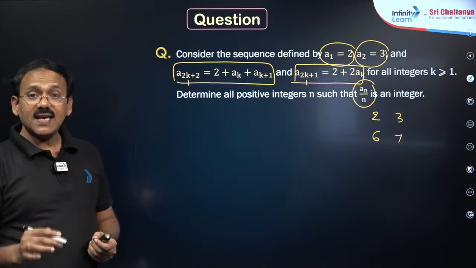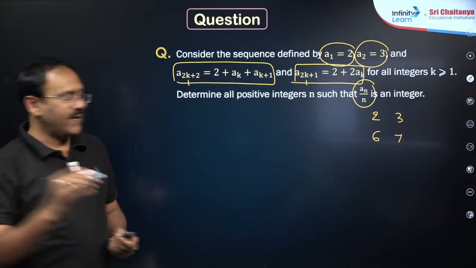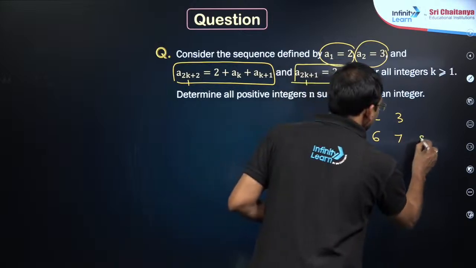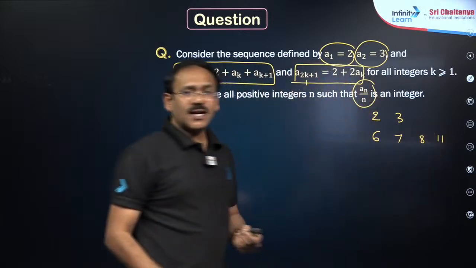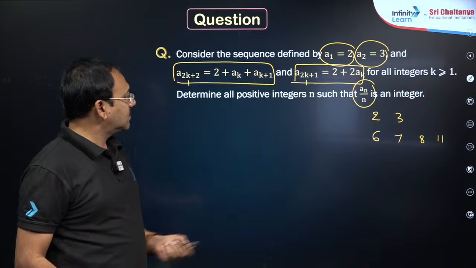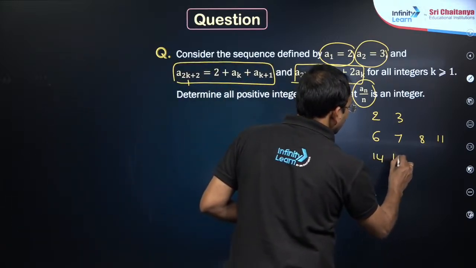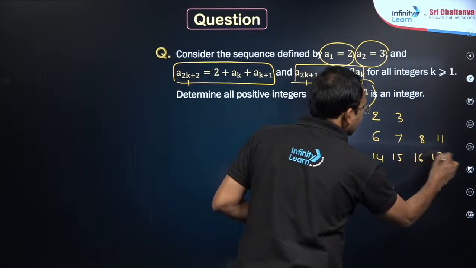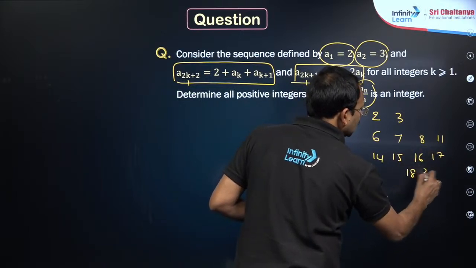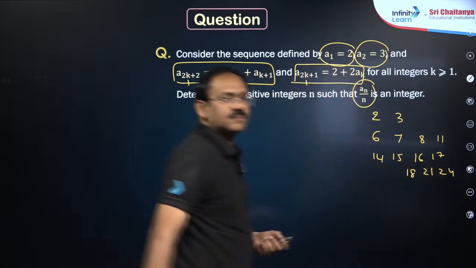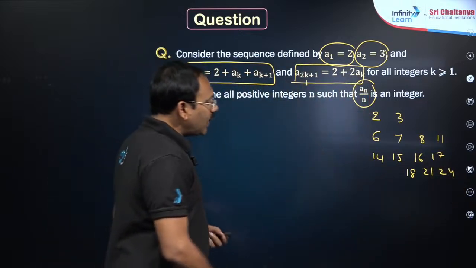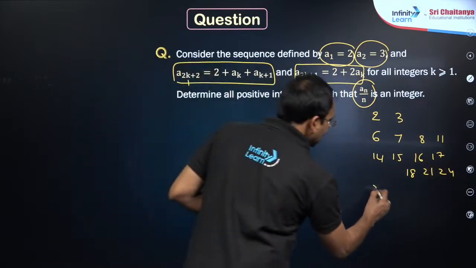You will get 6, 7, 8, 11. After that, you have to get the 7th one. You will get 14, 15, 16, 17, 18, 21, 24. After that again, you will get 30, 31.